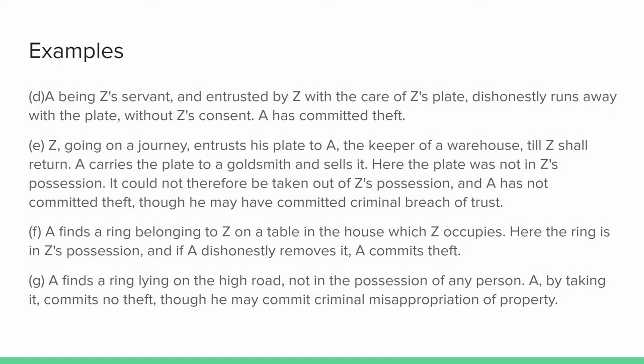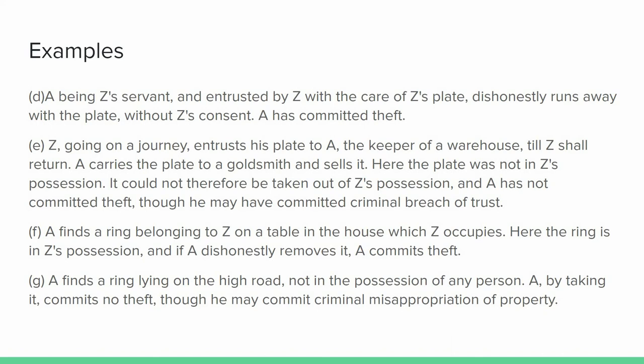Fifth example, Z, going on a journey or a trip, entrusts his plate or goods to A, the keeper of a warehouse, till Z shall return. What does A do? A carries the plate to a goldsmith and sells it. If there are goods in place of the plate, then he sells the goods and he gains profit.